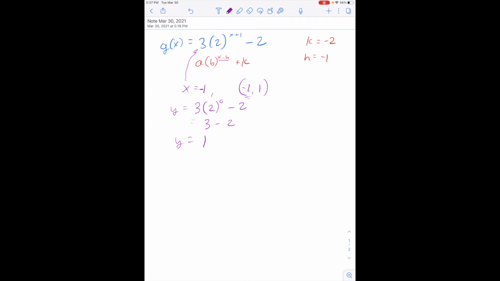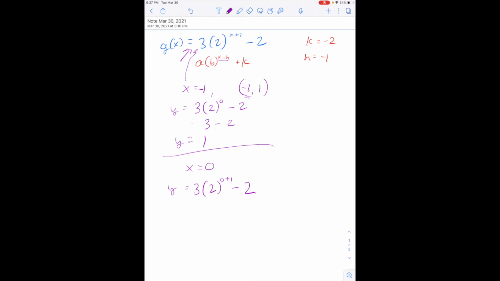So 1 unit to the right of that would make our x equal 0. Once I know that, we can just plug that back into g of x. So we have 3 times 2 raised to the power of 0 plus 1, minus 2.